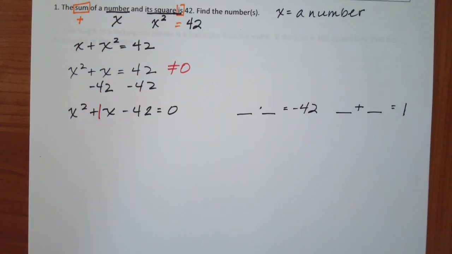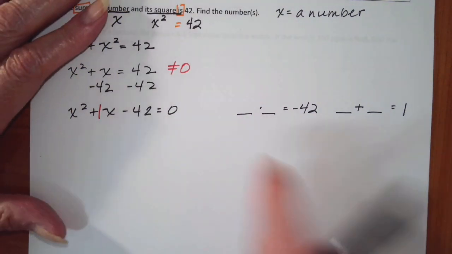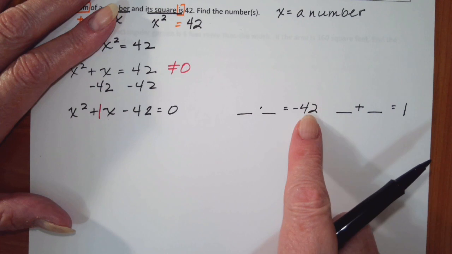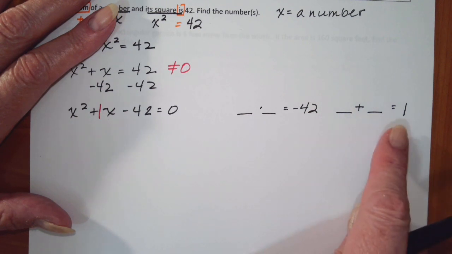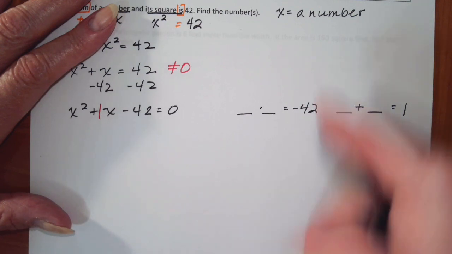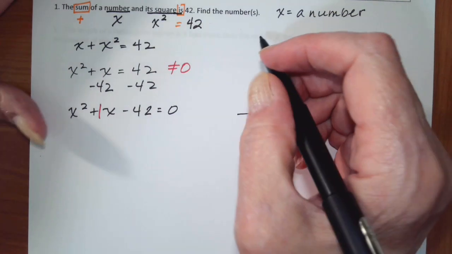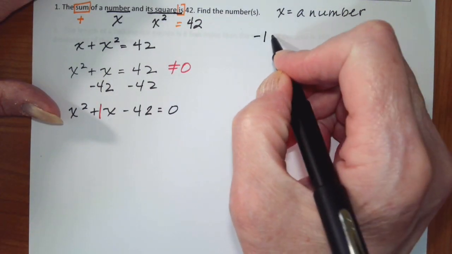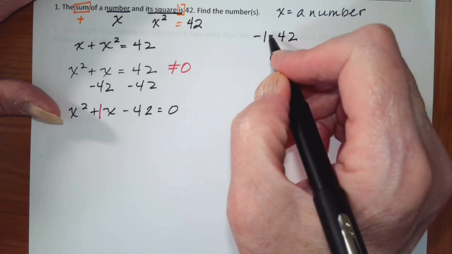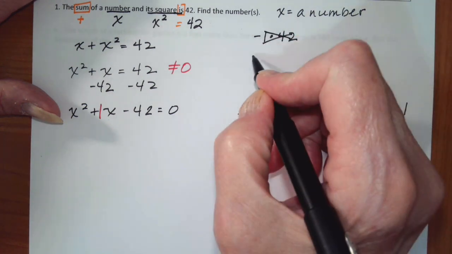Okay. Now, if we don't see it right off, then we can do our normal process of finding all the factor pairs of 42. One has to be negative and the other positive, and since the sum is positive, that means that the larger one is going to be positive. So I can have negative 1 times 42. If I add these, that equals 41, so that doesn't work.